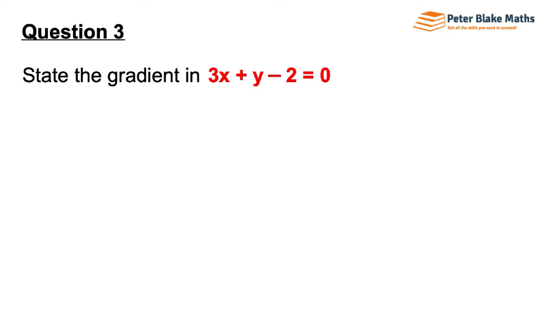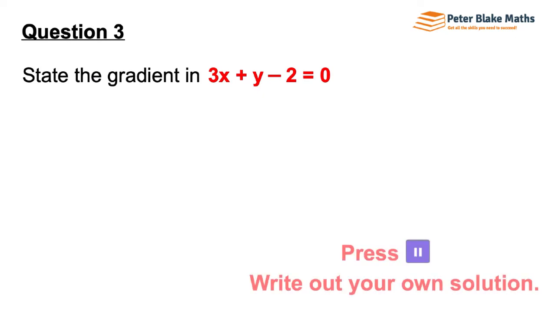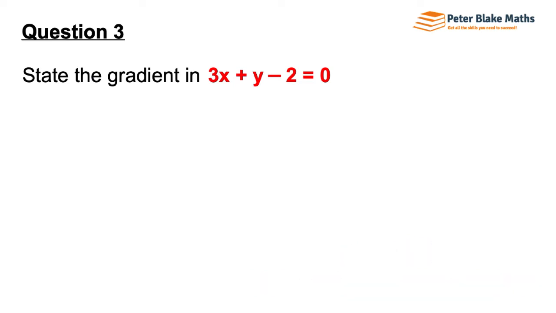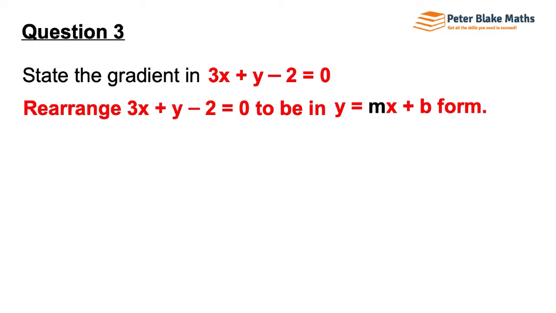Question 3. State the gradient in 3x plus y minus 2 equals 0. Alrighty, we need to rearrange 3x plus y minus 2 equals 0 to be in the y equals mx plus b form, so that we can read off whatever number is in front of the x part once it's in that format, and that'll be our gradient.